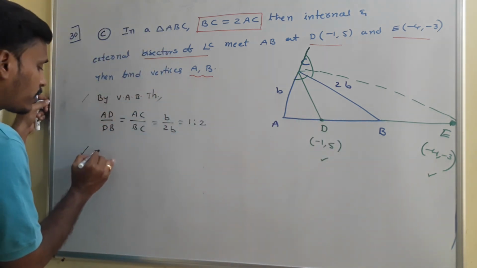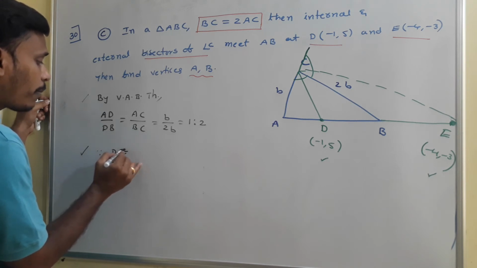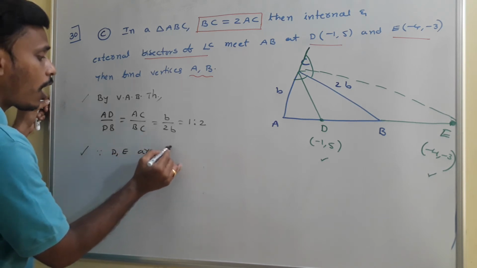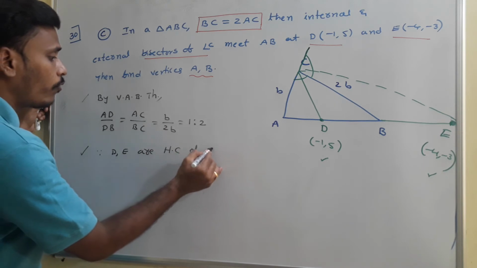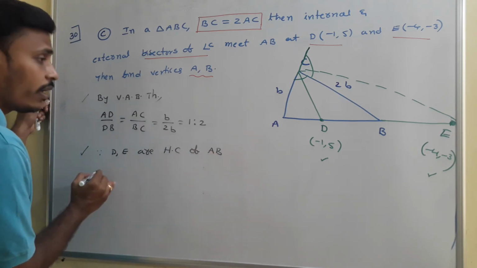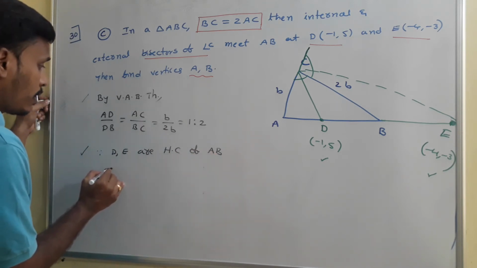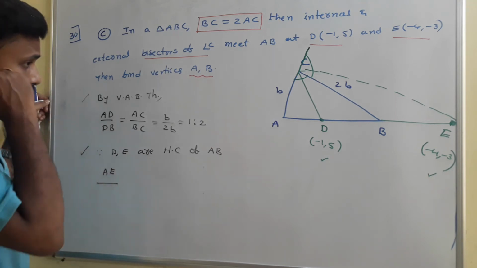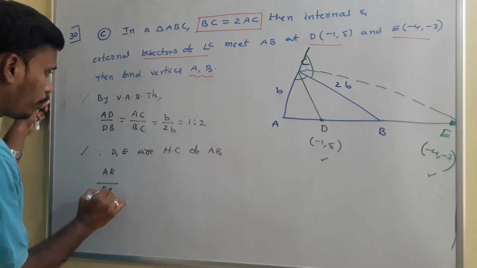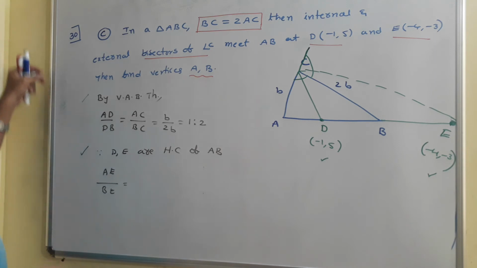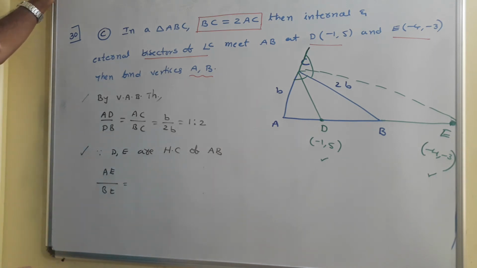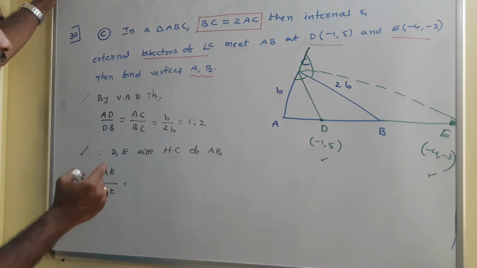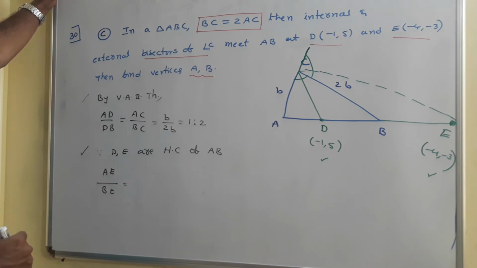Now, since D comma E are harmonic conjugates of the line segment AB, then what will happen? AE divided by BE is again of the same ratio, as D divides AB in the ratio 1 is to 2.